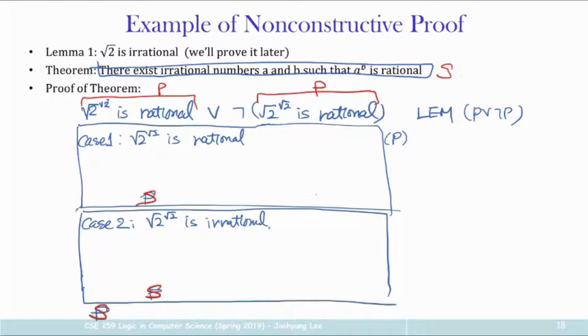And in case 2, we assume not P. So this is P, this is not P. We'll prove the same claim S. And using the OR elimination, we can derive S.